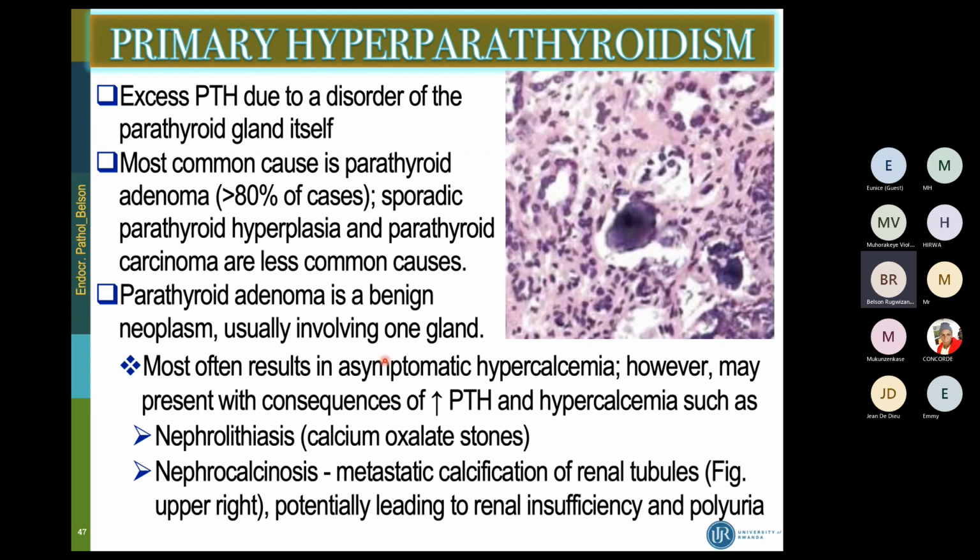Usually you find calcifications around the large vessels, the large arteries. The metastatic calcification is due to increased calcium in the serum. The third category of tissue calcification is psammoma bodies that we saw even for the papillary thyroid carcinoma.